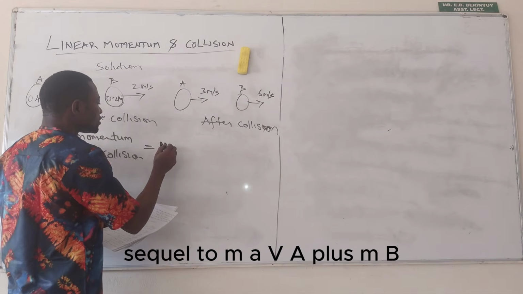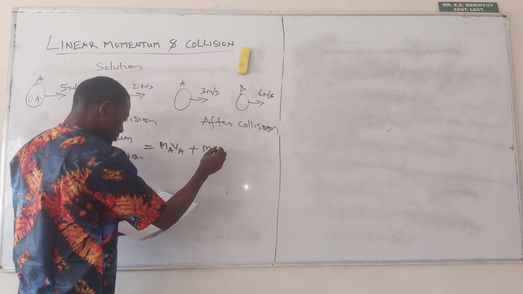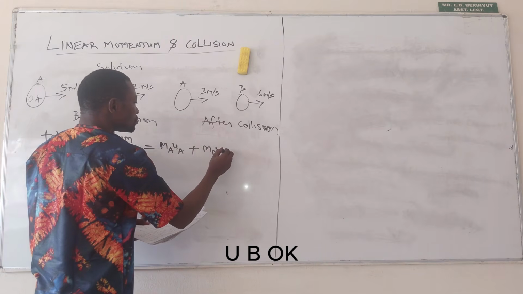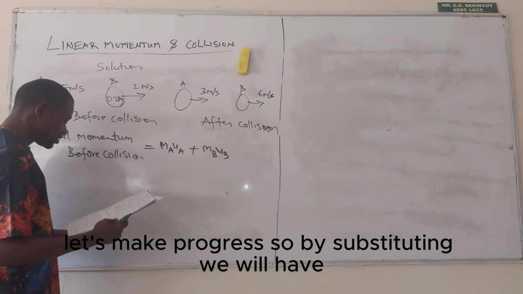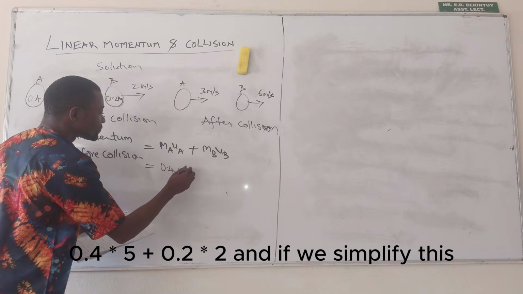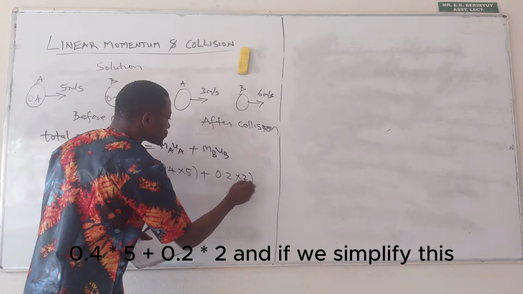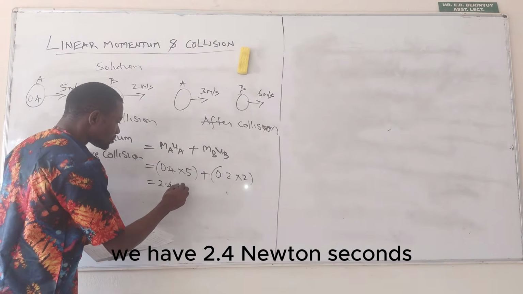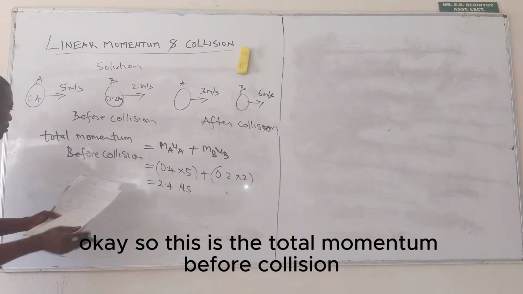It's equal to MA UA plus MB UB. Let's use U, initial. Okay, let's make progress. So by substituting, we will have 0.4 times 5 plus 0.2 times 2. And if we simplify this, we have 2.4 Newton seconds. Okay, so this is the total momentum before collision.